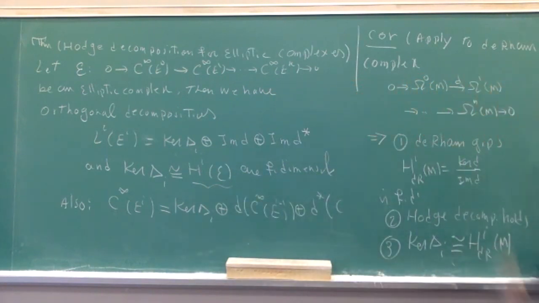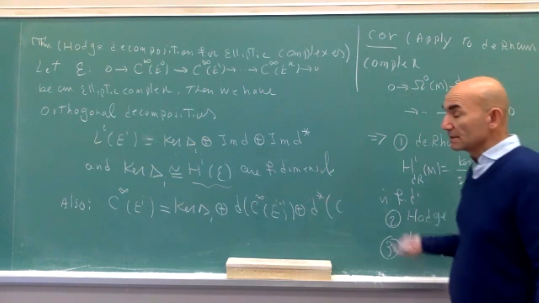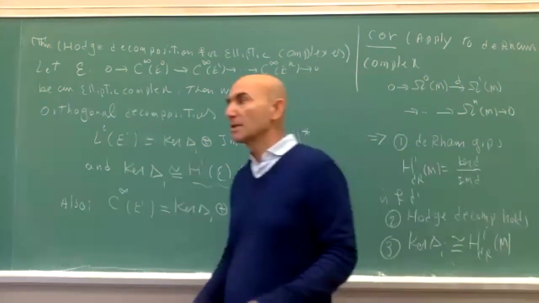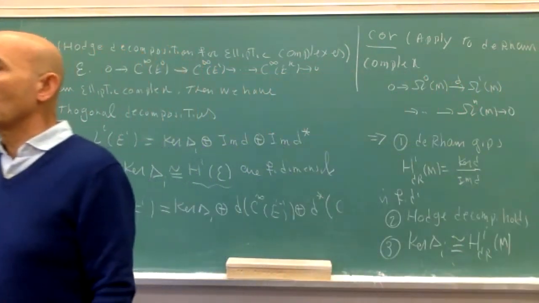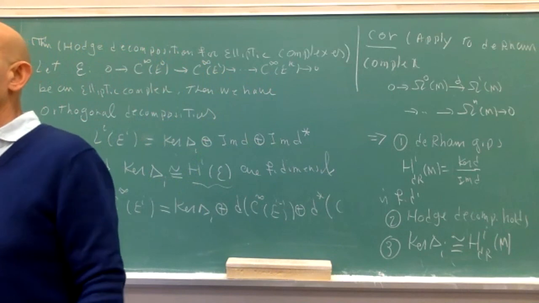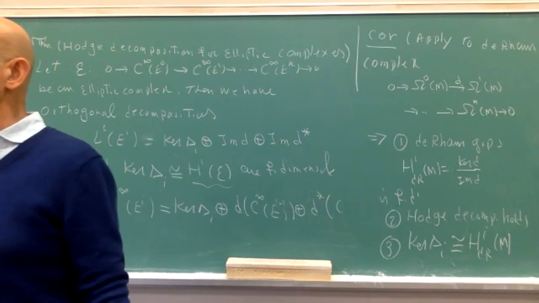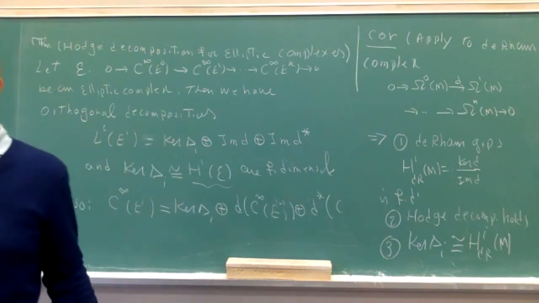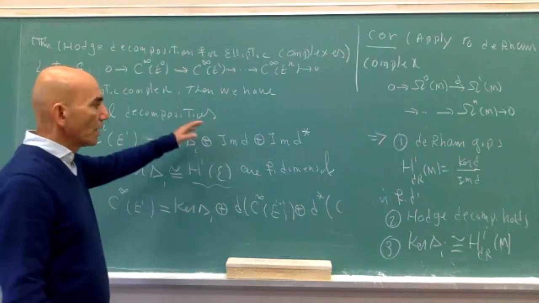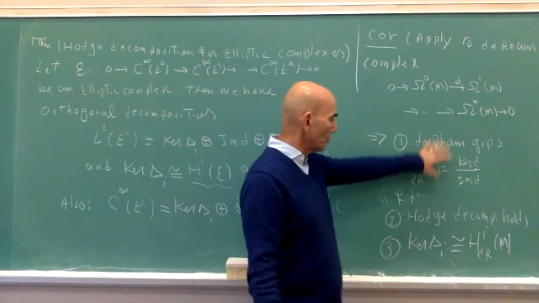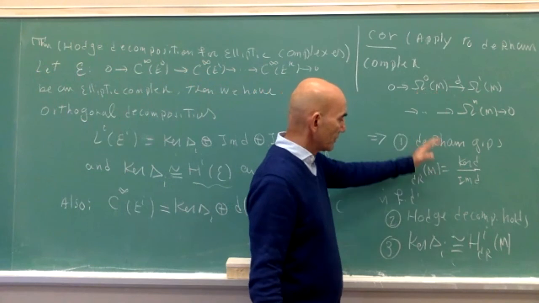But the thing is, this can be applied to the signature complex. This can be applied to the Dolbeault complex. This can be applied to a lot of situations, and in each case gives interesting results. The de Rham theory and the Hodge decomposition in this context was the first instance.